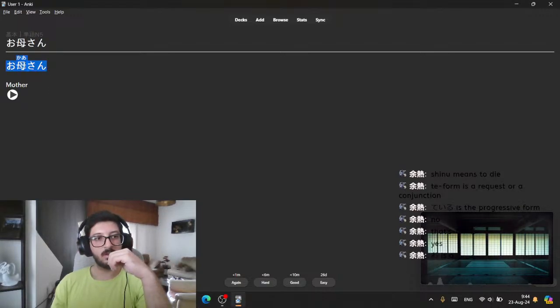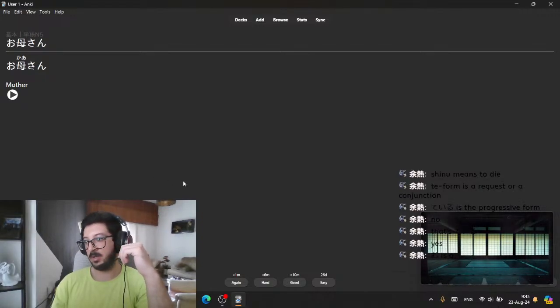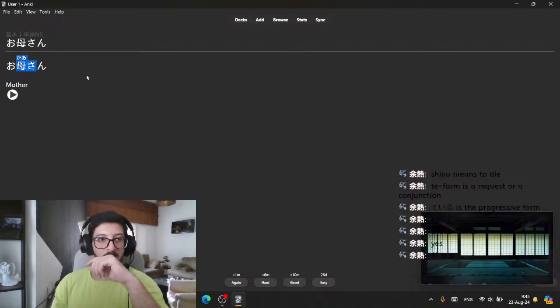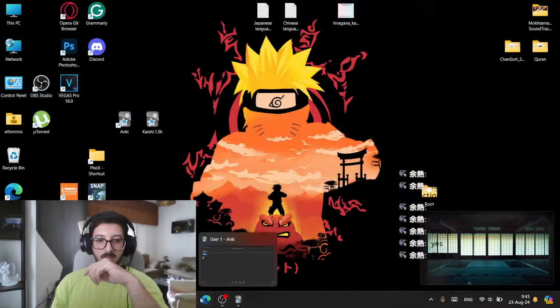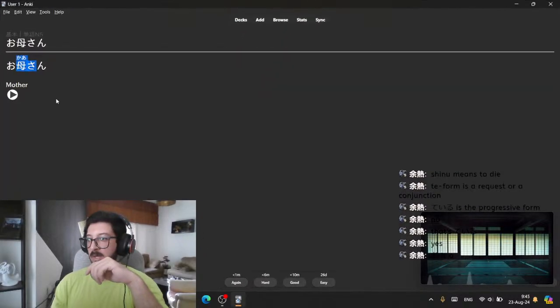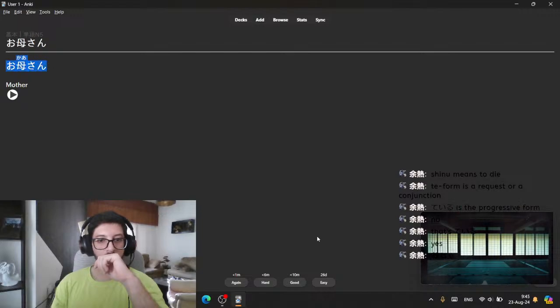How do you think is the best way to increase my vocabulary? Is Anki enough? I think you suggested this one. お母さん、Anki is the best way, yes?